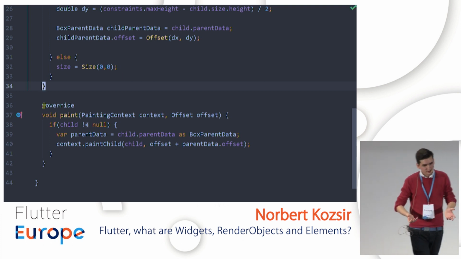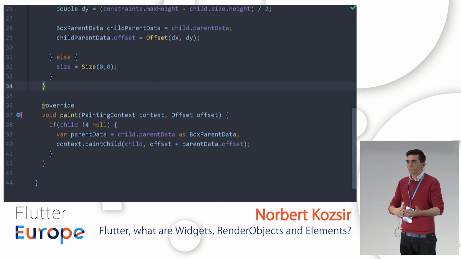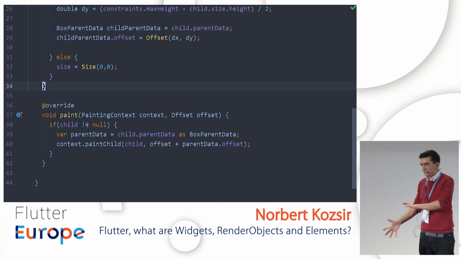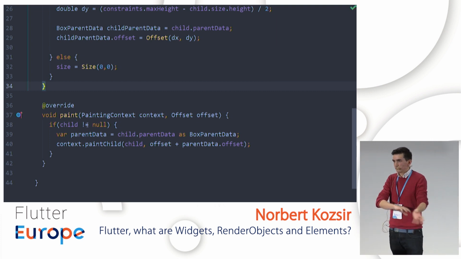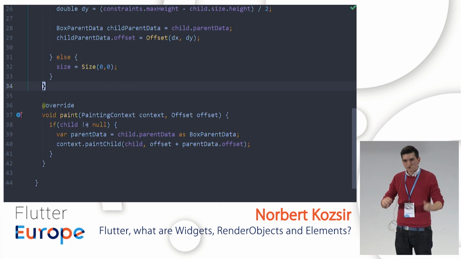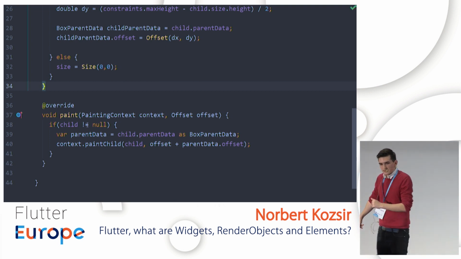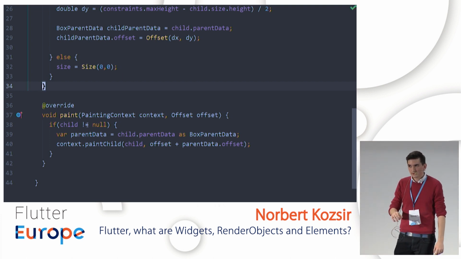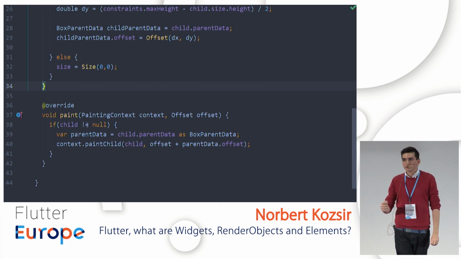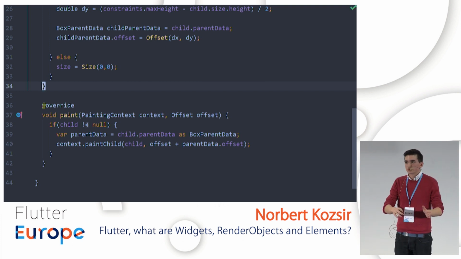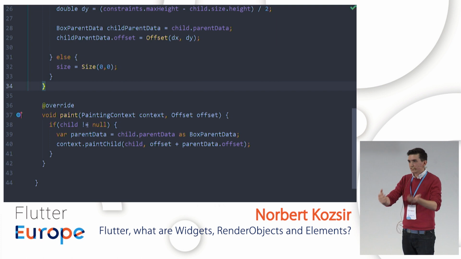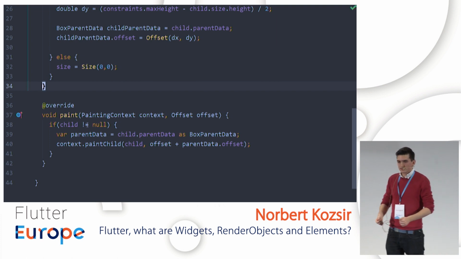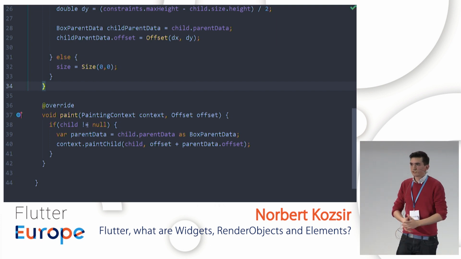It corresponds to the child, and you don't have to manually keep track where the data is, which indexes is, whether it's still fresh or you should reset it. So in this case, you just store it inside the child, and there's actually a method, which in this case we don't have to override because we're not using a custom parent data, what's called setup parent data, and all it does is set the parent data of the child to a new empty parent data of that type. So in this case, every time we have a new child, the setup parent data is called with the box parent data, which just sets the offset to 0 back.